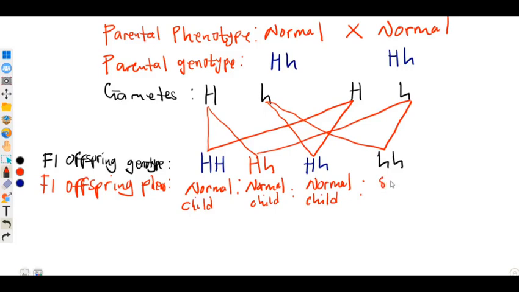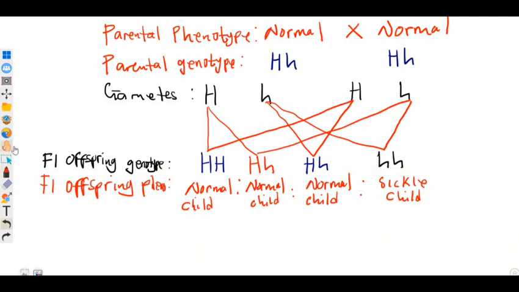So this child was a sickle child, or you can say infected. So we have answered our question. This is how we can explain fully using a genetic diagram to show that two parents who are carriers, who are just carrying the trait for sickle cell, had a child who was the sickle cell.